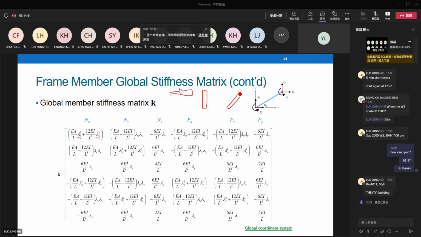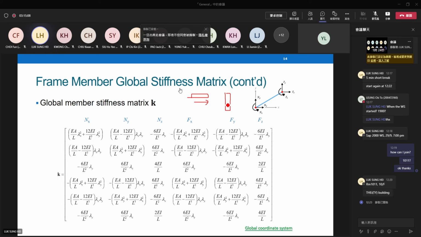Let me give you one piece of good news. In the quiz and examination, because of difficulties, I will only assess you on horizontal or vertical frame members. You can mark that down yourself. It will help you simplify the problem a lot. Why?